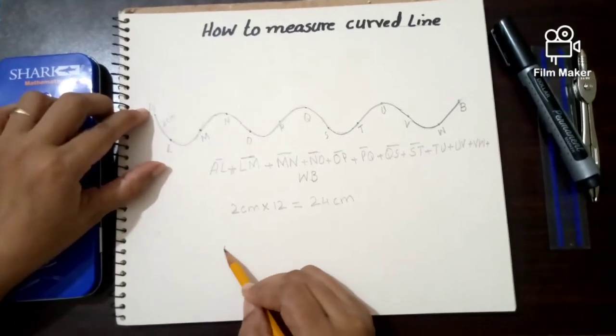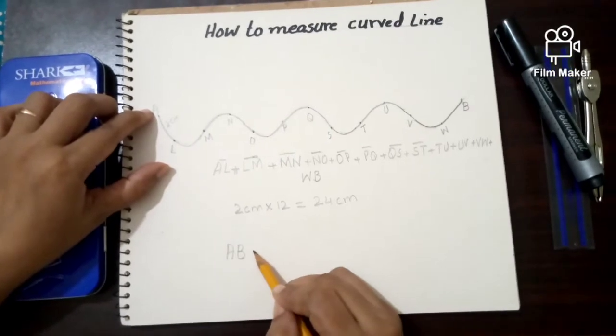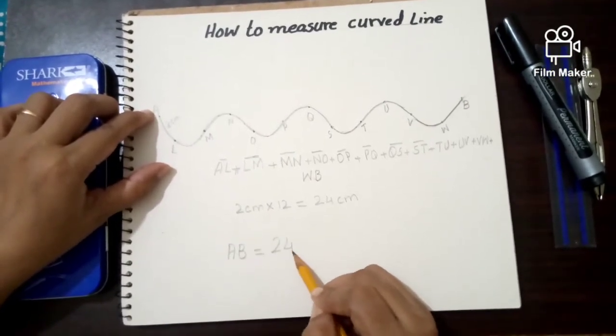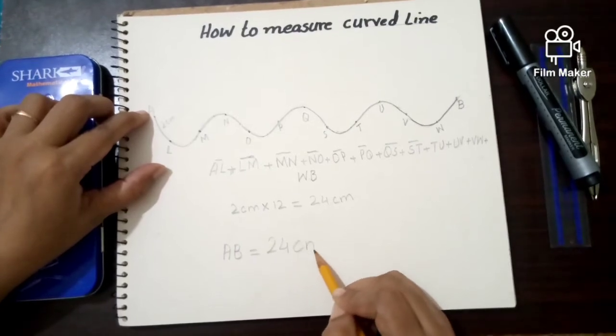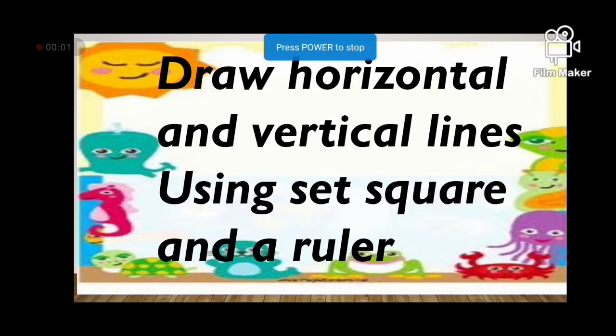So the length of the curved line AB is equal to 24 centimeters.